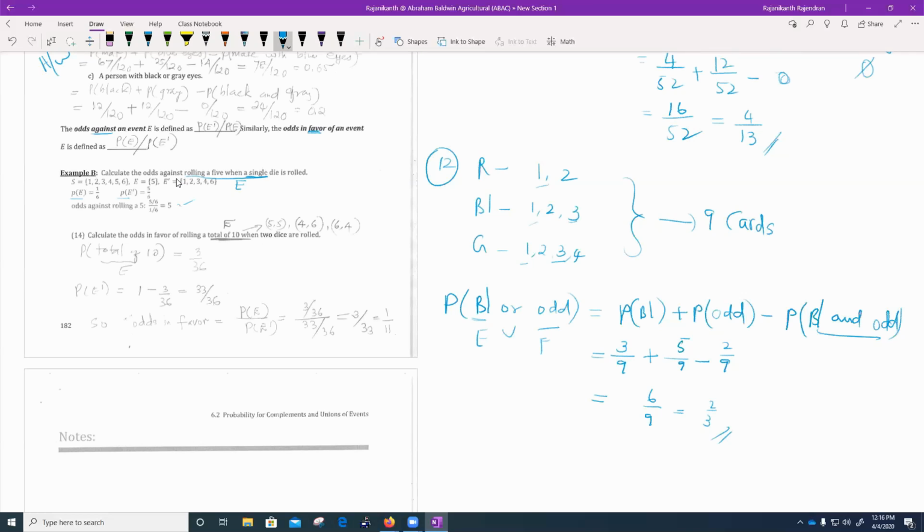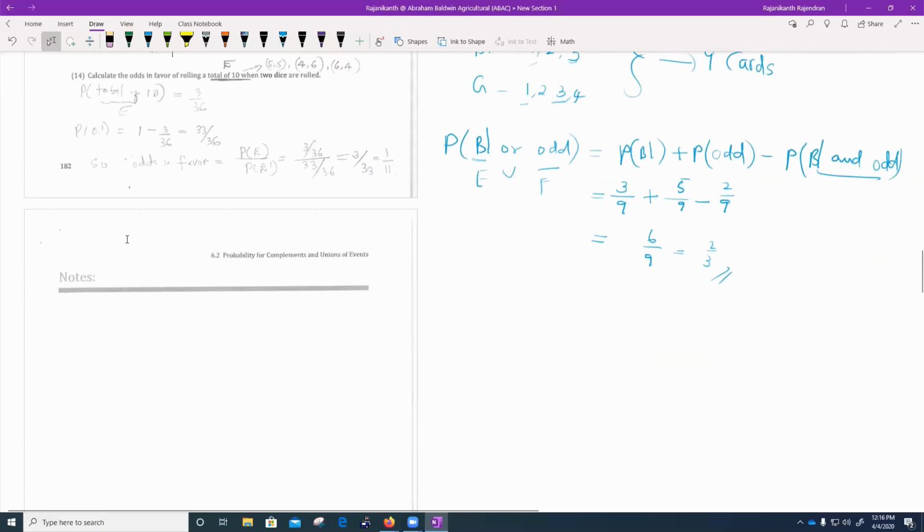Okay, so the last problem. Calculate the odds in favor of rolling a total of 10. Now this is going to be my event E. First read the problem and identify your event E. You are rolling 2 dice, therefore 36 outcomes.